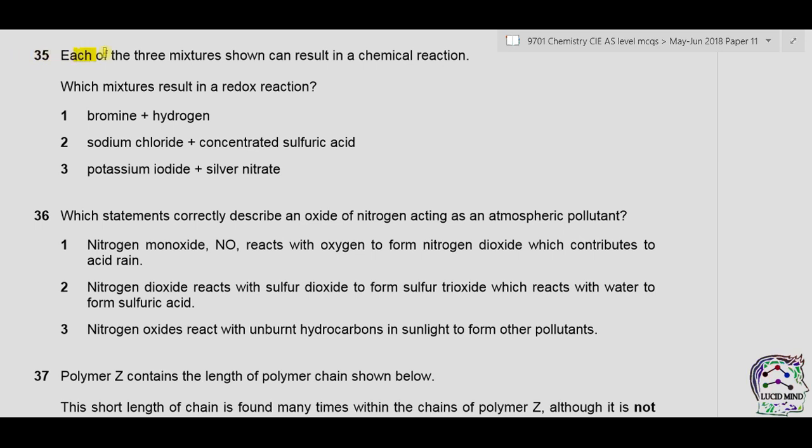Question 35. Each of the 3 mixtures shown can result in a chemical reaction. Which mixtures result in a redox reaction? Now a redox reaction is such a reaction in which both reduction and oxidation take place. First is bromine and hydrogen. The reaction will be like this: Br2 plus hydrogen. The oxidation state is 0 for both as they are in molecular form.